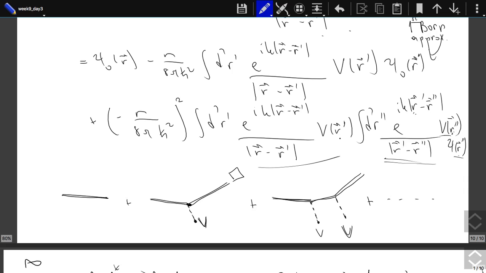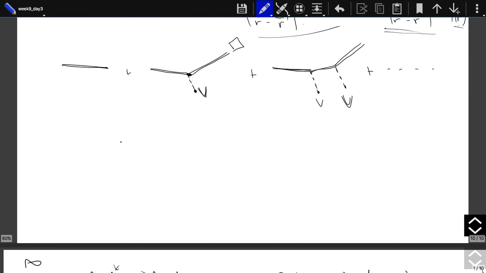At r double prime, it interacts again with my potential, and from there it moves to r, which we imagine as the detector, or we are looking for the value of our wave function at the point r. And you can just generalize it. You can say that it interacts once, then another time propagates, interacts again, propagates, interacts again, and then comes to my detector.